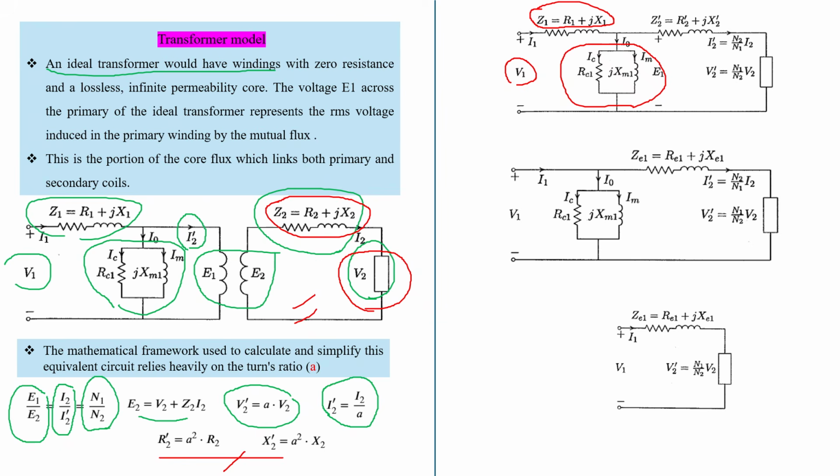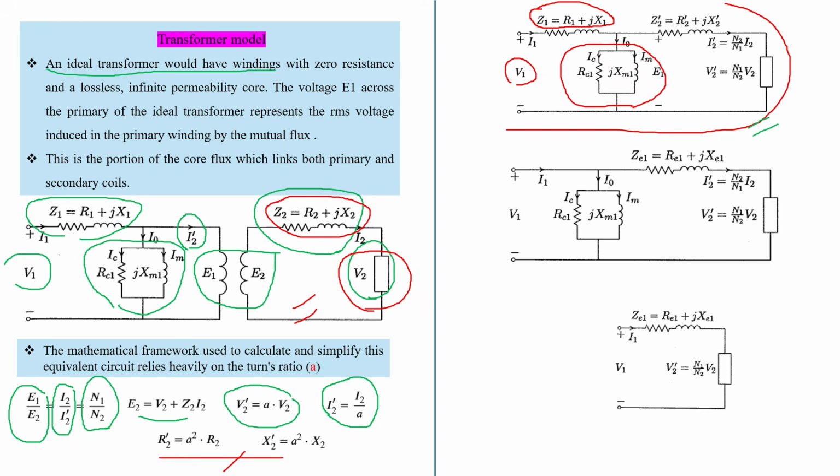The magnitude of impedance is multiplied by the transformation ratio squared, whereas the current is divided by the transformation ratio. The voltage at the terminals is also multiplied by the transformation ratio. So this is a simple circuit that can be used to represent a transformer referred to the primary.